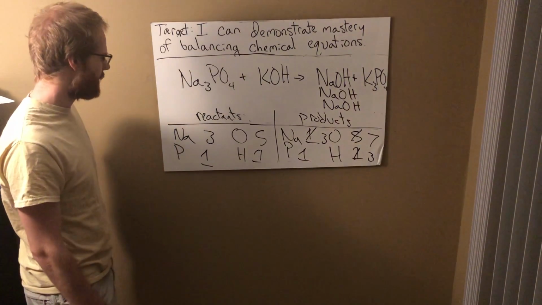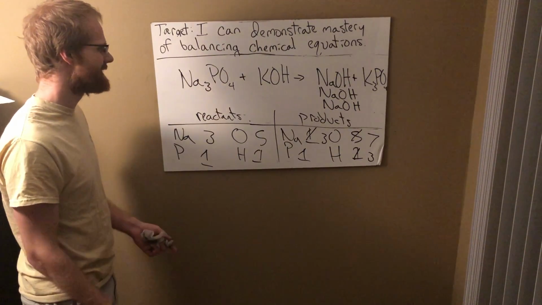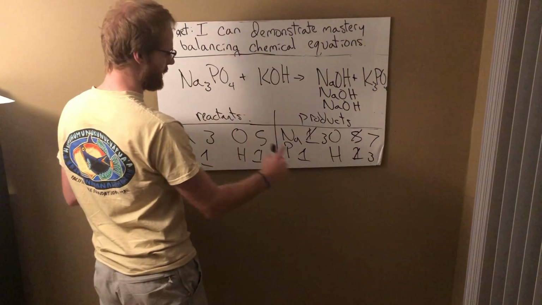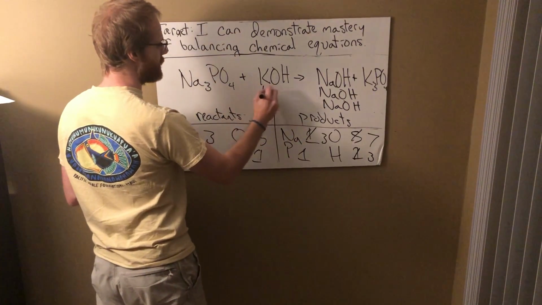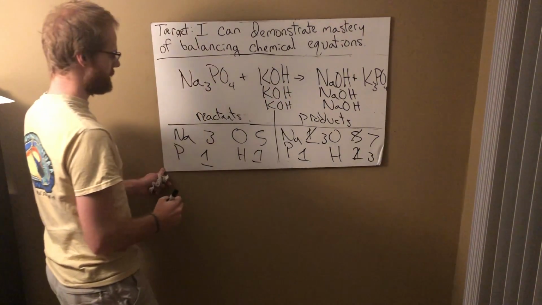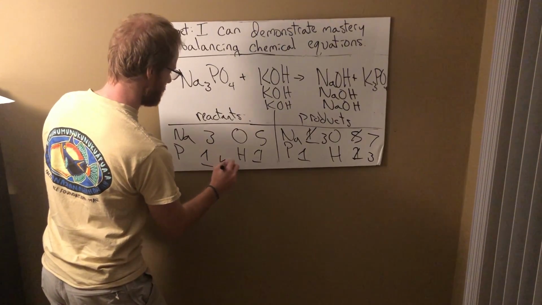Okay. All right, so we're not going to do our oxygen because that's in multiple places. Let's try and balance the hydrogen. Okay. So if I've got 3 hydrogen on this side and 1 hydrogen on this side, let's add more hydrogen over here. All right. Oh, shoot. I need to have a little spot for my Ks.